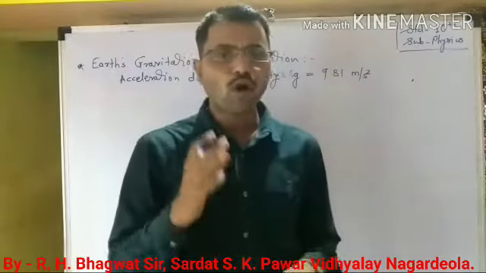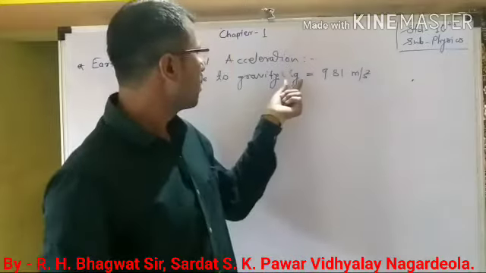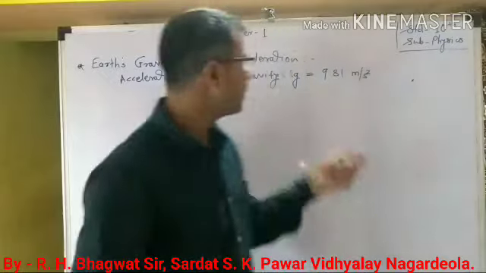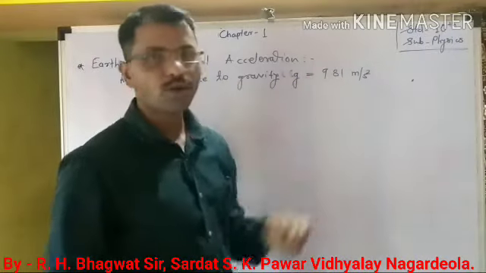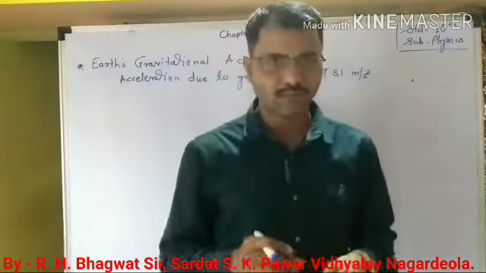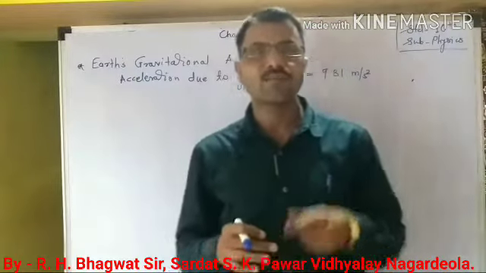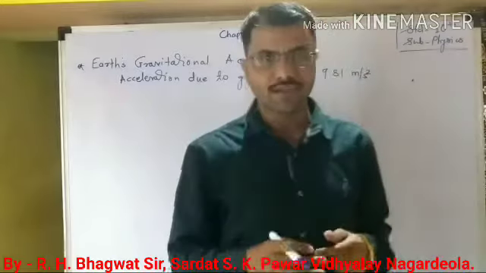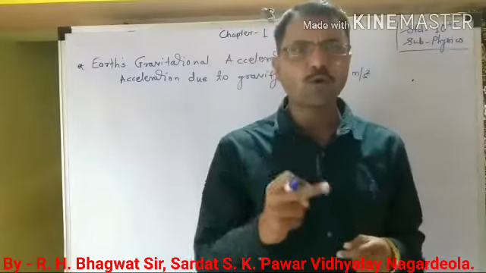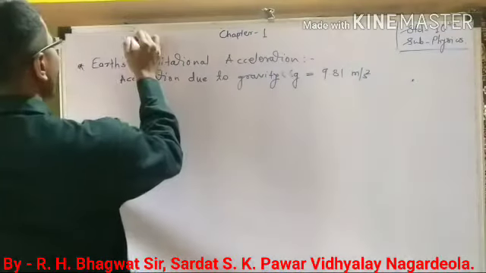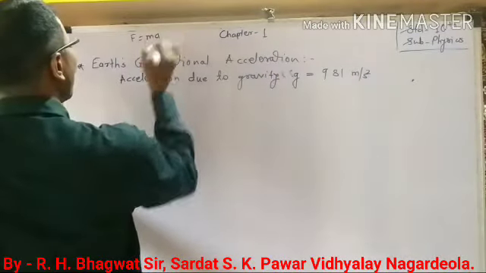Now we are going to obtain the formula for this value of small g, and we are going to calculate this value, which is 9.81 meters per second square. We know that Earth exerts a force on every object. This force produces acceleration. According to Newton's second law, F is equal to m into a.